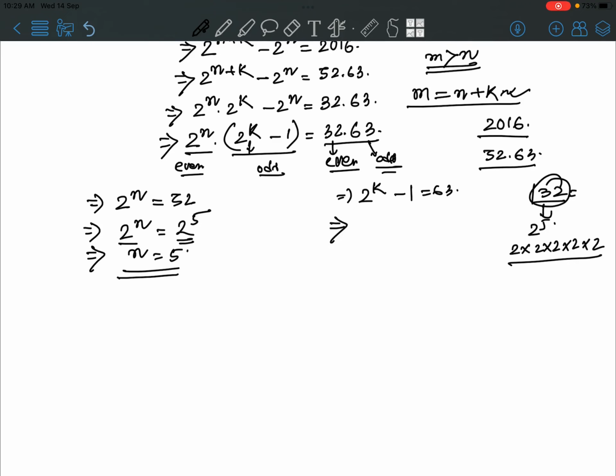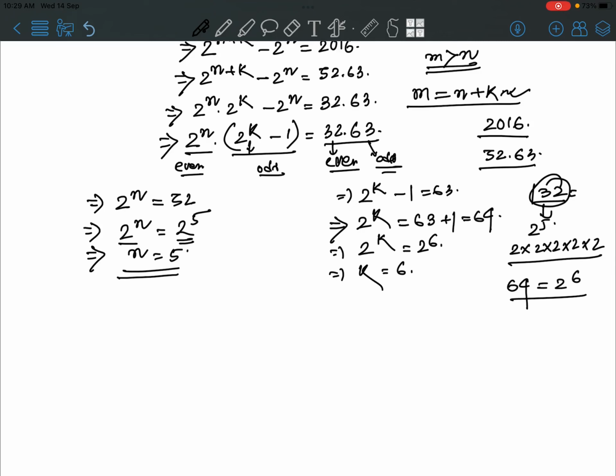In this case, 2 to the power k, we shift 1 with 63, so plus 1 equals 64. After factorizing 64, we get 2 to the power 6. So 2 to the power k equals 2 to the power 6. So here k equals 6.